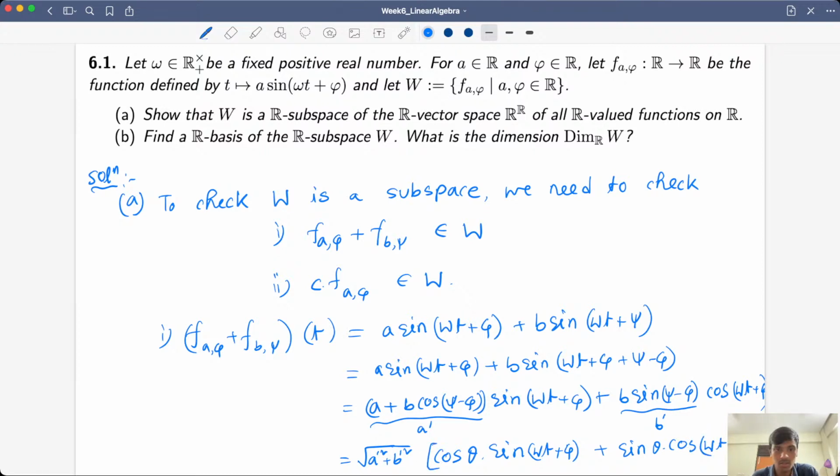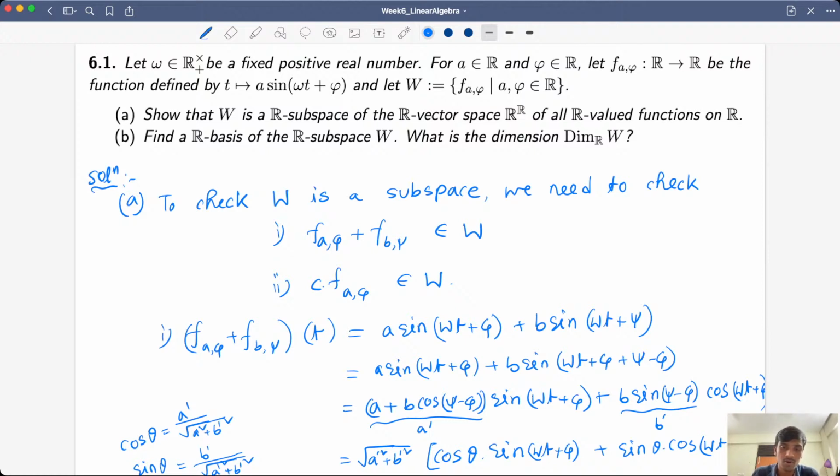where I will write what cosine theta and sine theta are. So here cosine theta is just a prime by root over a prime square plus b prime square, and similarly sine theta is b prime by root over a prime square plus b prime square. Then I can write this as sine of omega t plus phi plus theta, right?